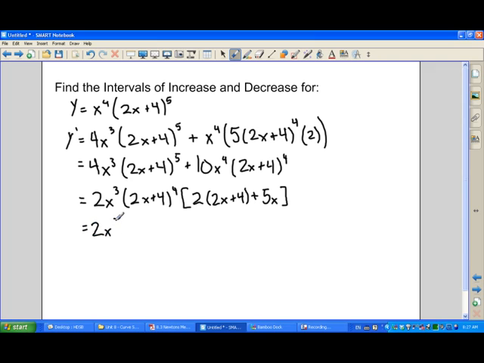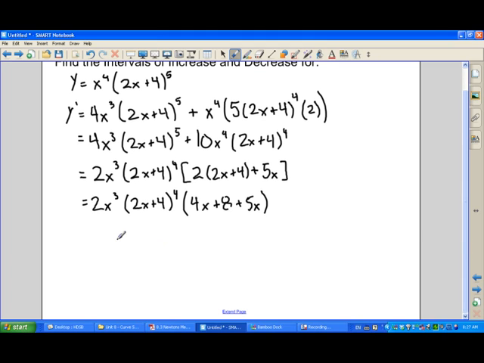Continuing to simplify, I end up with 4x plus 8 plus 5x. And then one last bit of simplification, my derivative becomes 2x cubed times (2x plus 4) to the 4th times (9x plus 8).